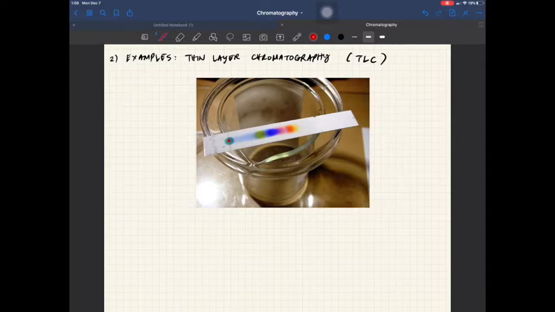So suppose we have this one as our analyte, meaning the other ones are other components of the mixture. In this case, our stationary phase is the TLC plate, and the TLC plate is made up of silica gel. So silica gel is also a polar molecule. Our mobile phase is also solvent.